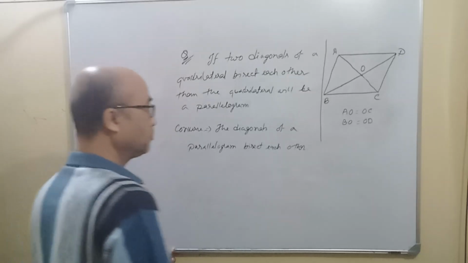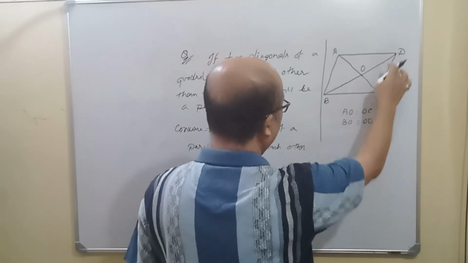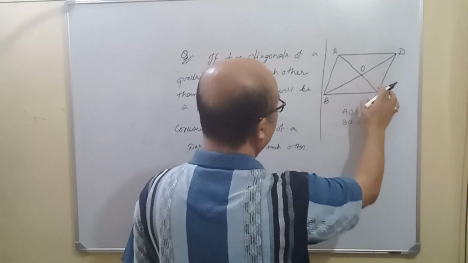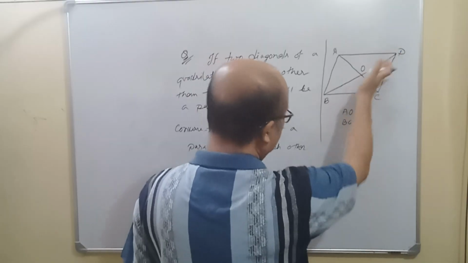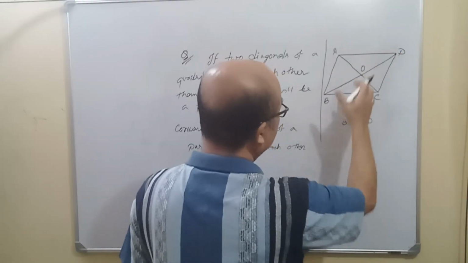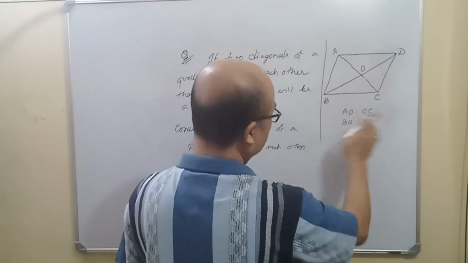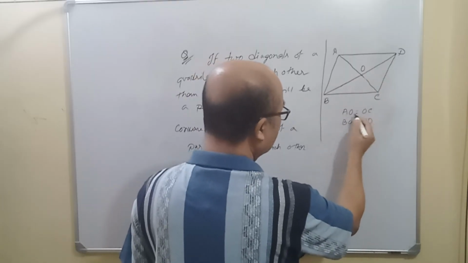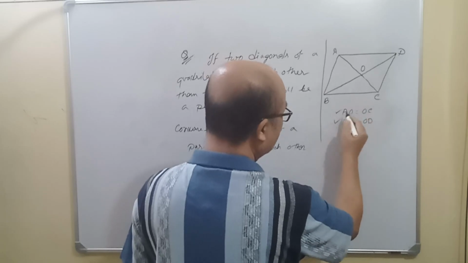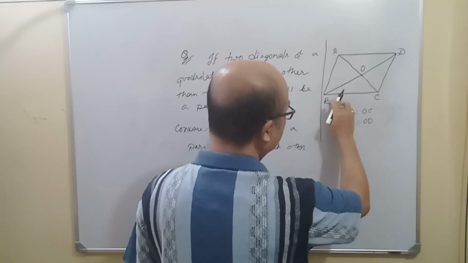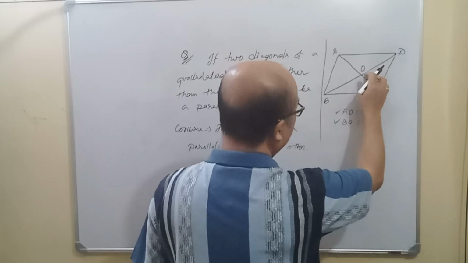Which means if this is a parallelogram, then its diagonals will bisect each other. That means AO will be equal to OC and BO will be equal to OD.